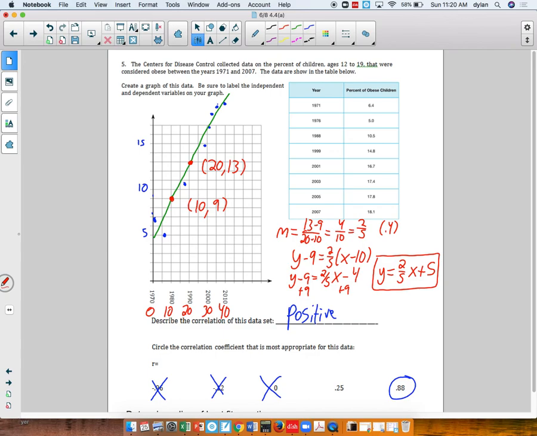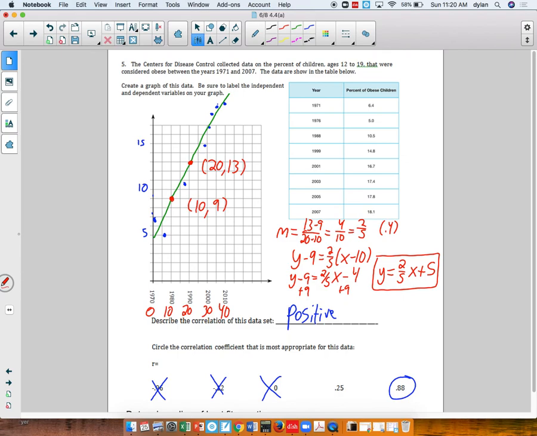Now the really cool thing about this is we can use this to predict the percentage of obese children in future years. So for example, we could use this to predict the percentage of childhood obesity in 2020, because 2020 is 50 years from 1970. So we could plug in 50 for x, and we would come up with 2/5 times 50, which is 50 divided by 5 is 10, times 2 is 20, 20 plus 5.